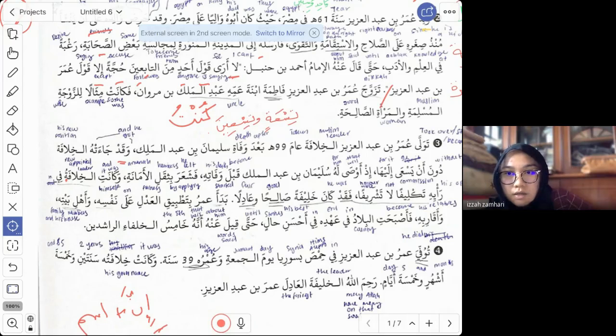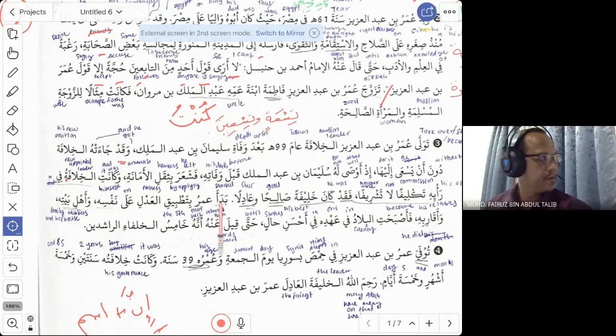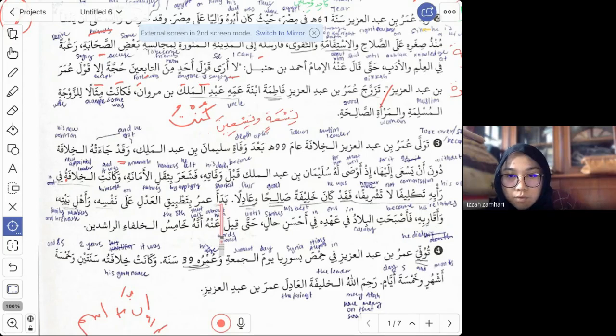So generally the sentence here means Umar started to apply his fairness on himself, his family, and his relatives.